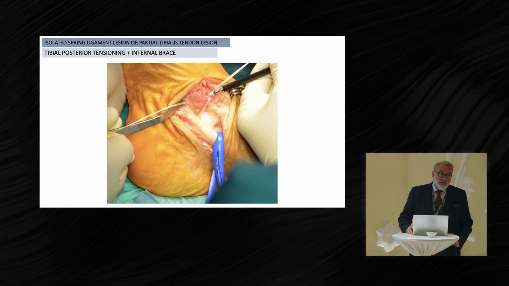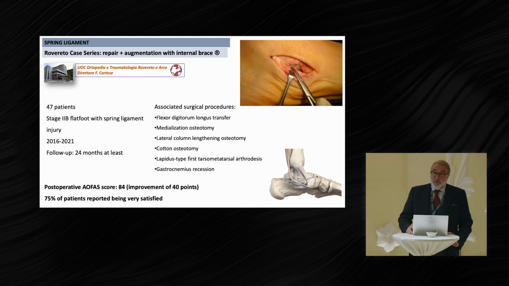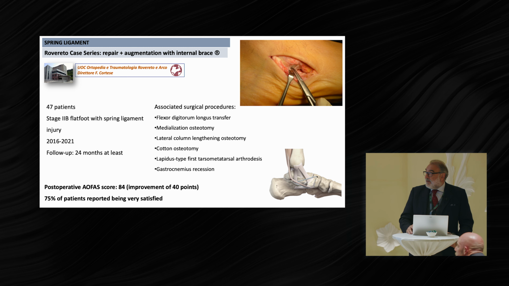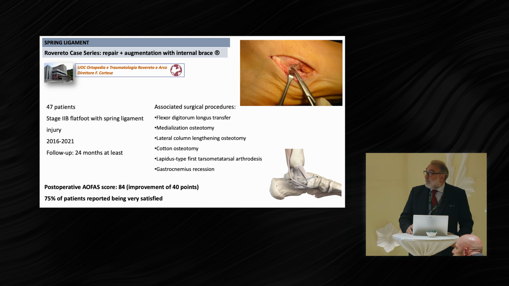And at 4 weeks, we give the complete range of motion. If we perform also bony procedure, of course, the healing of the bone is another question, and so cast for 4 weeks without weight bearing, at 30 days progressive weight bearing, and physiotherapy as in the other case.